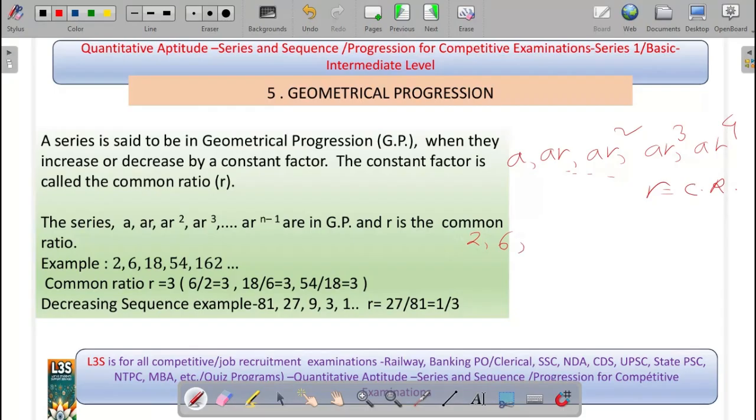Example: 2, 6, 18, 54, like this. Now what is r? First find out. We can see it is increasing. It is the same as 18 by 6, which is equal to 3. So r is equal to 3 here. Some decreasing sequence examples are 81, 27, 9, 3, 1. It is decreasing by a ratio of 1 by 3. This is a 1 by 3 ratio. It is decreasing.